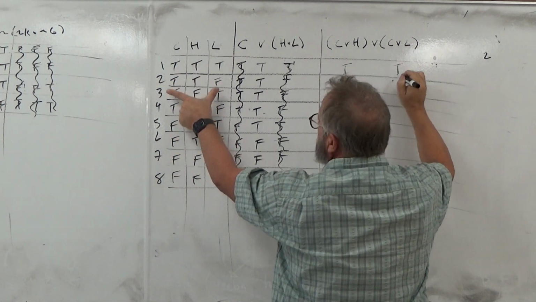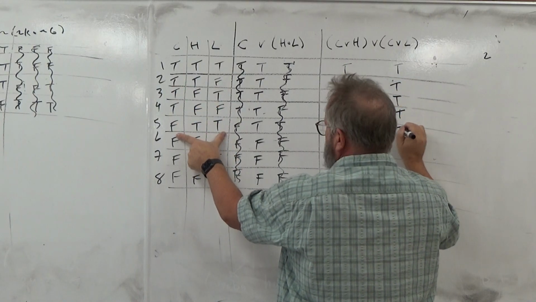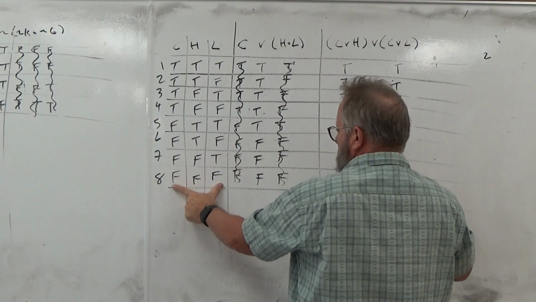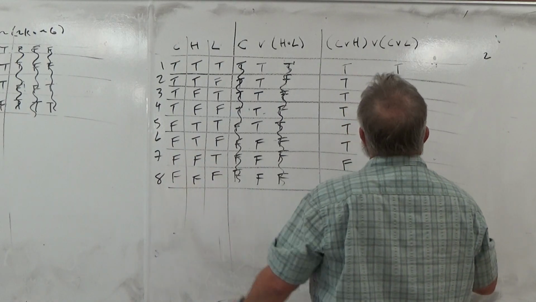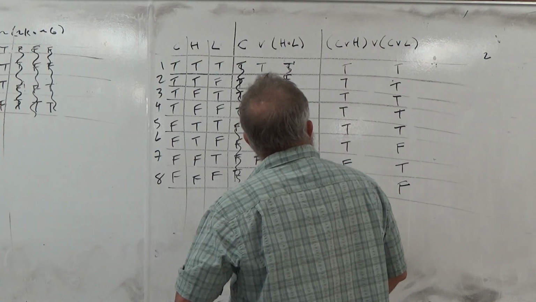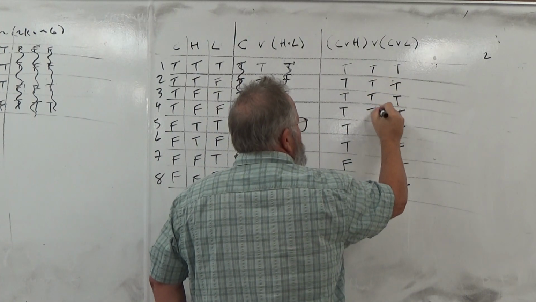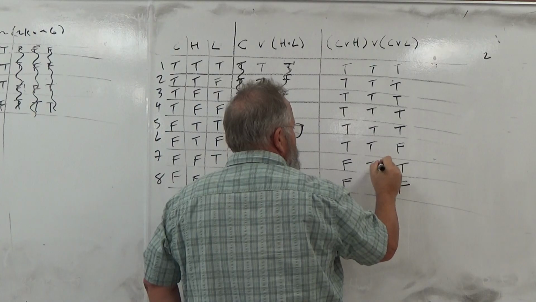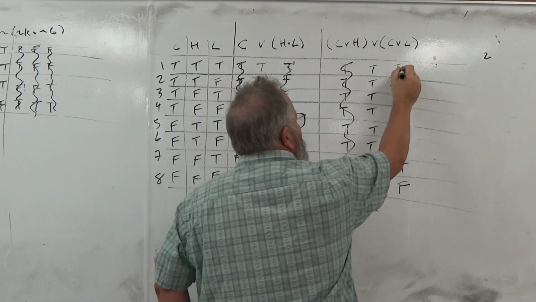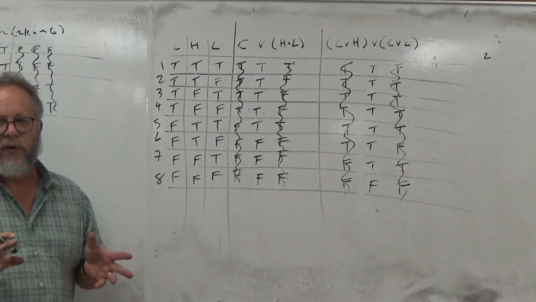So it's true, true, true, true, true, false, true, and false. So I did this, I did that, now I need to do this final OR, and so I get true, true, true, true, true, true, true, false. And let me scratch this out. Okay. So I've calculated the final column for both of those.